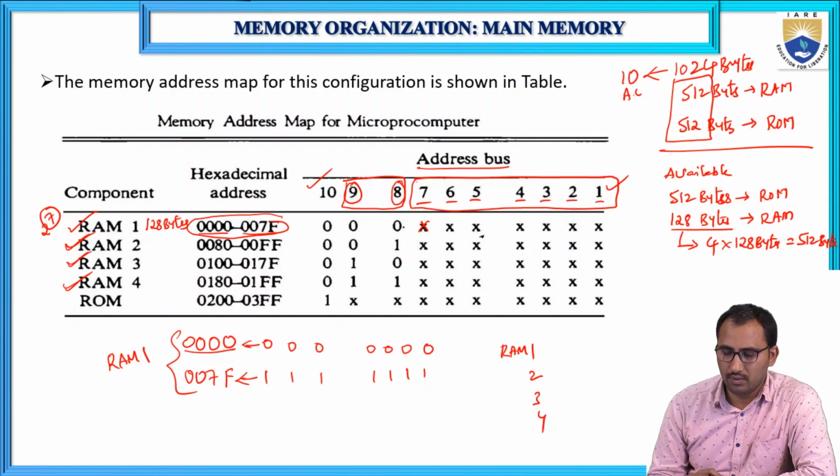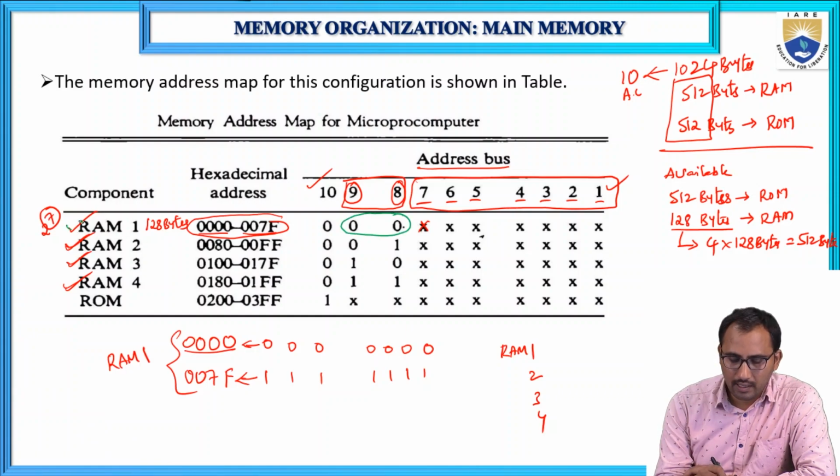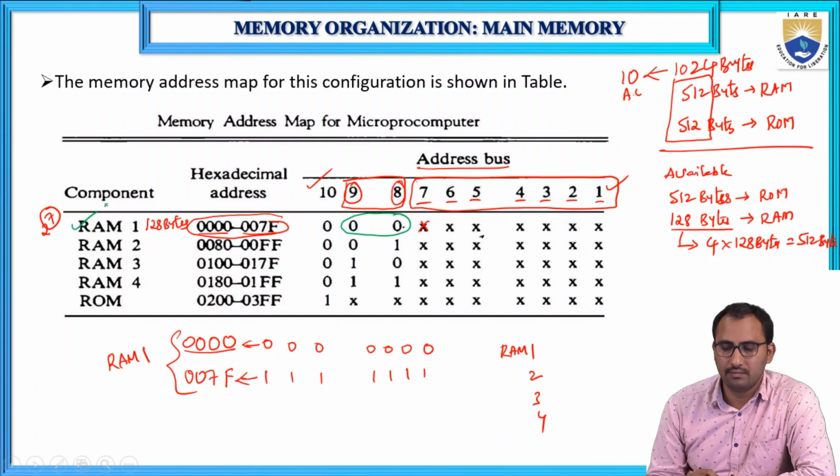When 8 and 9 are 00, then RAM 1 will be selected.